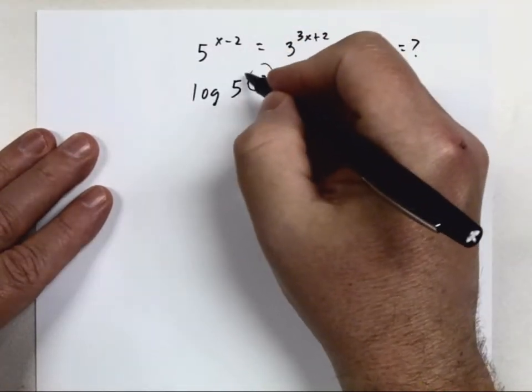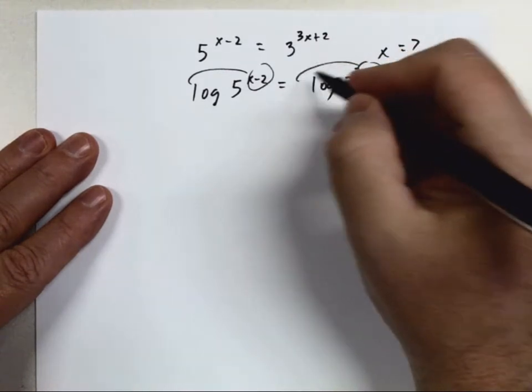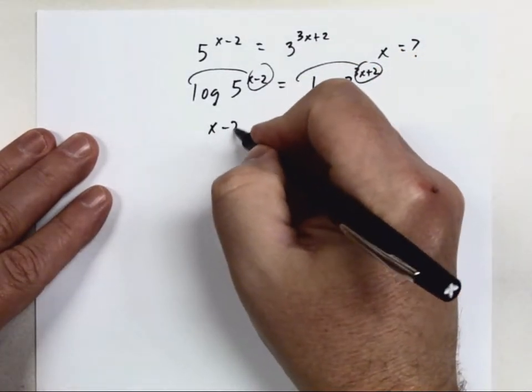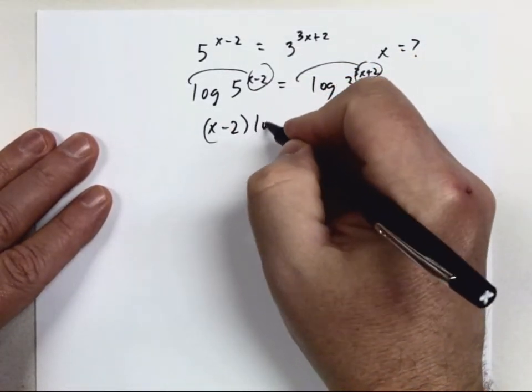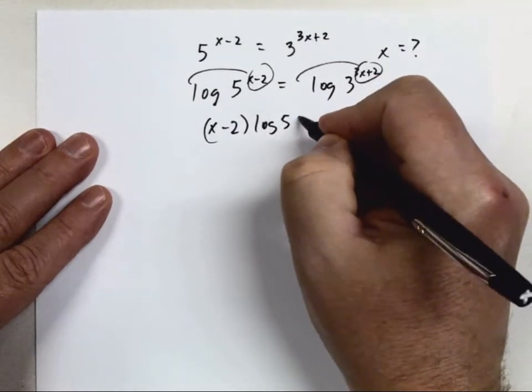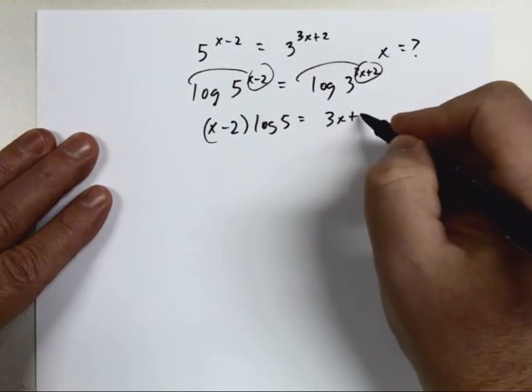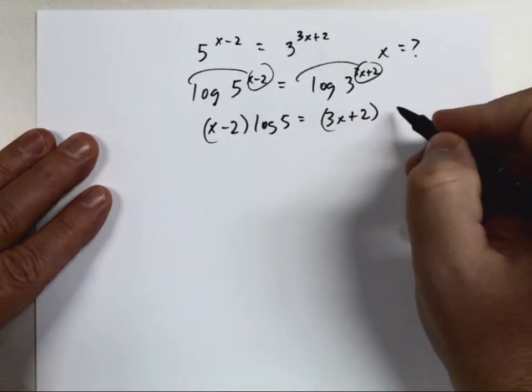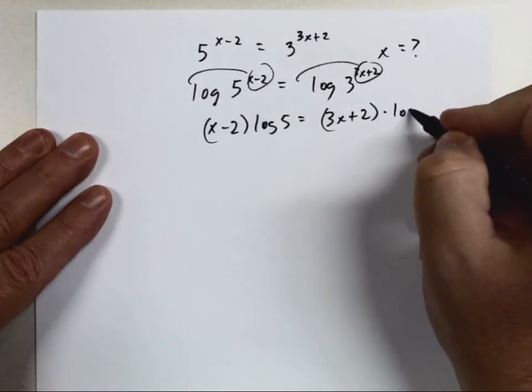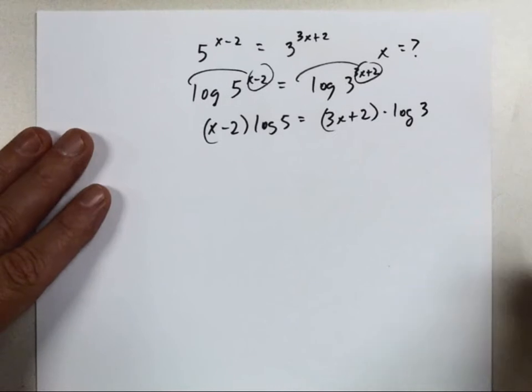So for both of these, let's take the exponent inside the log and move it down in front of the log.